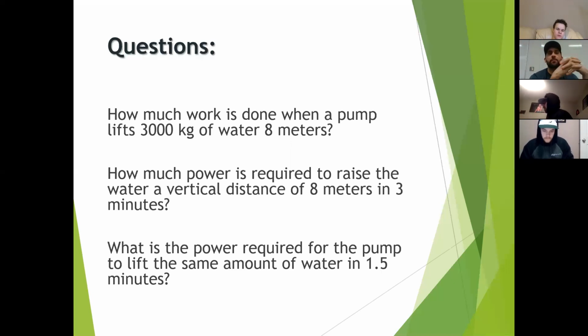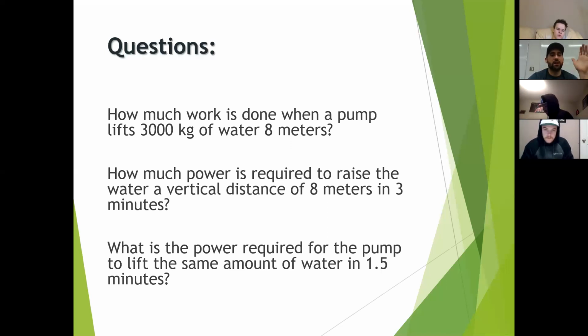What do we call that type of relationship? When one thing goes down, the other thing goes up. What kind of a relationship is that? Inversely proportional. Thank you. Yep.